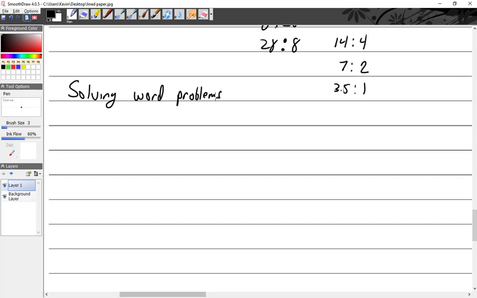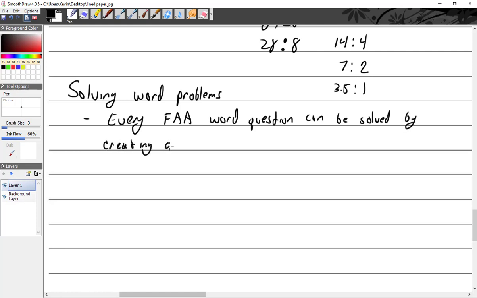It's not really that difficult. Every FAA word question can be solved by creating a proportion.